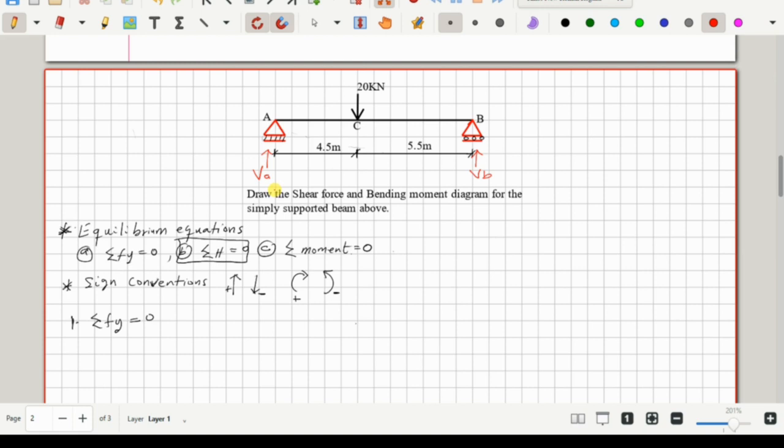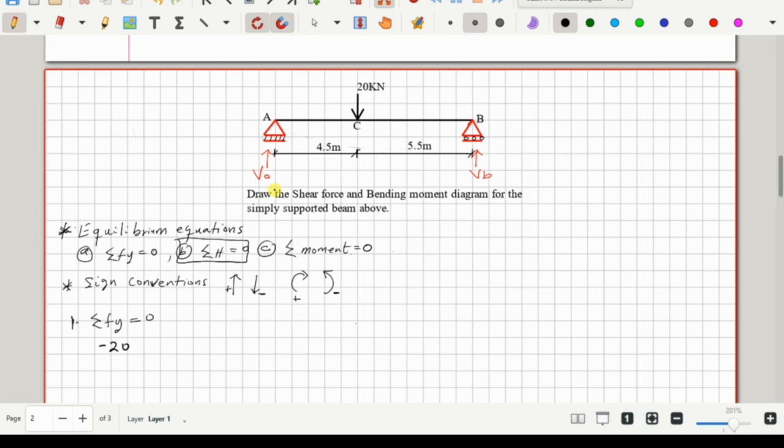So we have a downwards force 20 kilonewton, which is acting at C. And from our sign conventions, we are saying all downward forces are negative. So we'll have a minus 20 kilonewton, right?